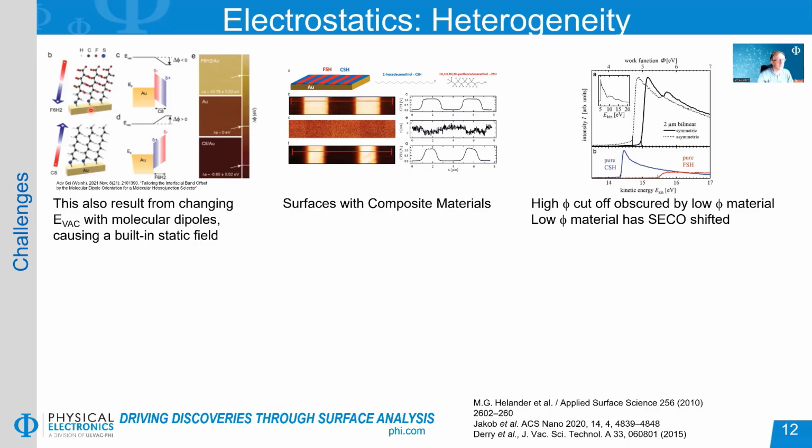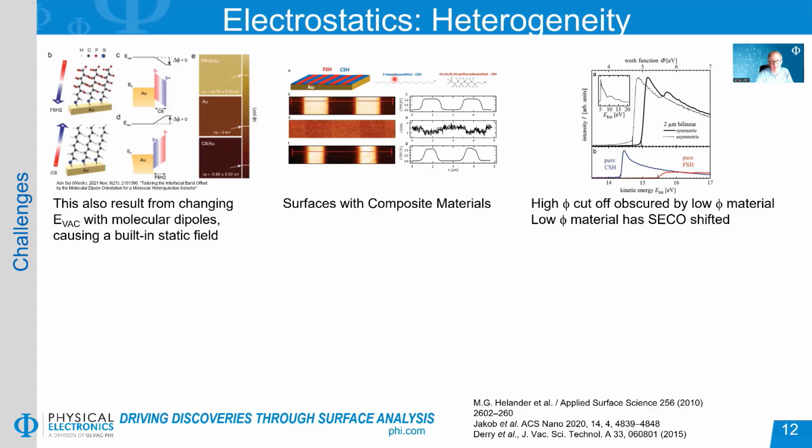This is a set of really great experiments where someone took hexadecane thiol and then a perfluorinated version of that. The perfluorinated version has a high work function when it's bound to gold. The hexadecane thiol has a low work function. And they made stripes and they mixed them together.